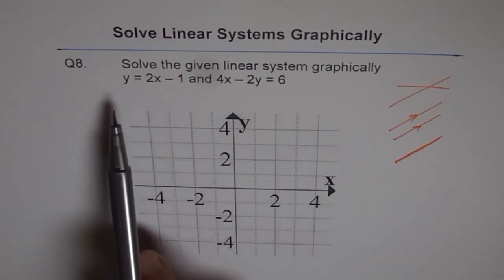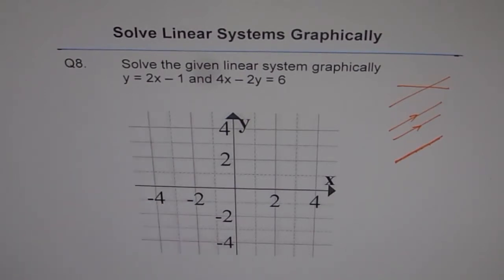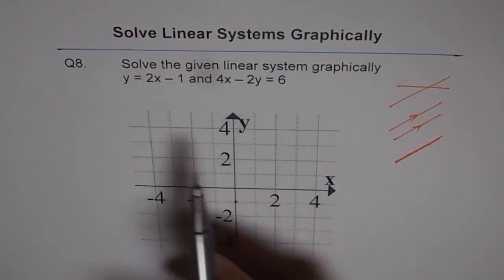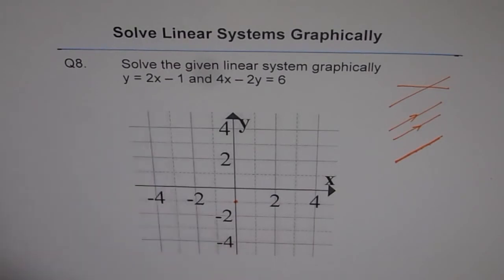Now here we have a line y equals 2x minus 1. It is in slope-intercept form. The best way to sketch is to go to the y-intercept, which is minus 1. That's the first point. And then find other points using the slope. Slope is 2. That means a rise of 2 and a run of 1.